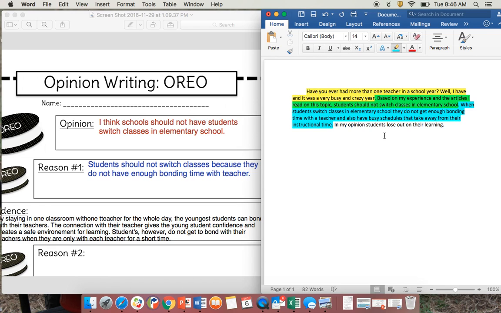And the last little bit is I've ended my paragraph with my conclusion sentence. Because remember, every paragraph needs to have an introductory sentence, a conclusion sentence, and details in the middle. It's like a sandwich. So those are all the different parts of my paragraph. I want you to make sure that you have all of these when you go to write your introductory paragraph.